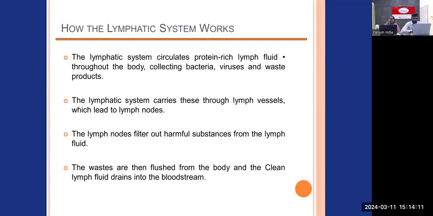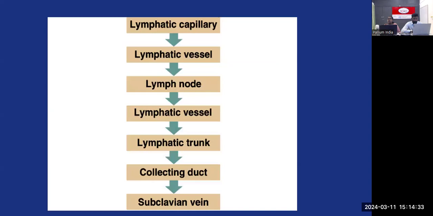Then that fluid goes to another lymph node, and again one filtration can happen. So multiple filtrations can happen, because there might be a chance of bacteria, viruses, and waste products in the lymphatic system. So this is the anatomy of the lymphatic system.